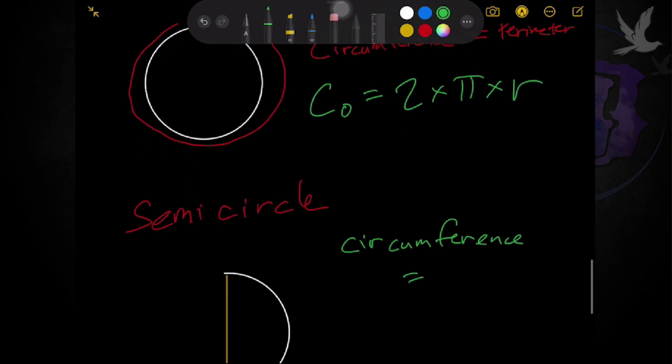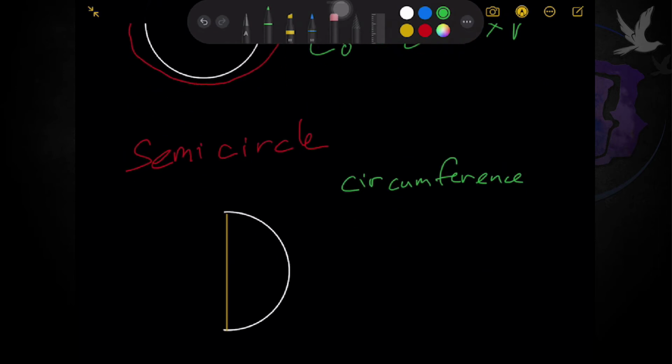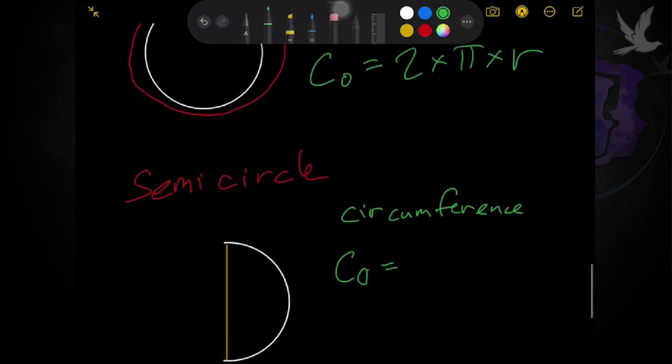Ngayon, if it's a semicircle, pag semicircle, circumference of a semicircle is equivalent to 2 times pi times r divided by 2. Like what I've said, same lang siya sa area.